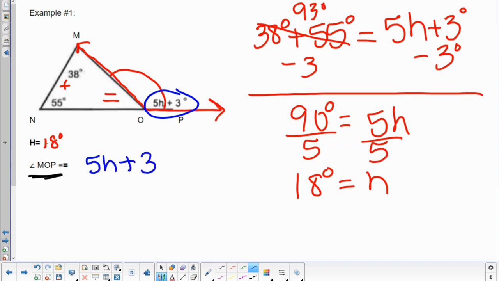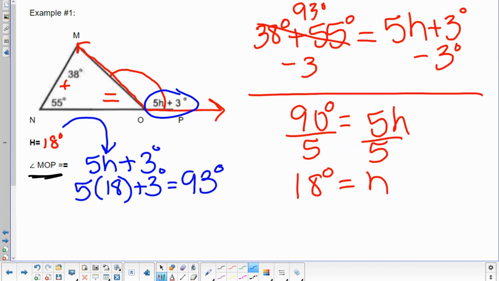But now that we know the unknown h is 18 degrees, we can go ahead and plug that in. We take 5 times 18, add the 3 degrees, and when we add that all up, we see that this angle is 93 degrees. So again, the measure of angle MOP is 93 degrees.